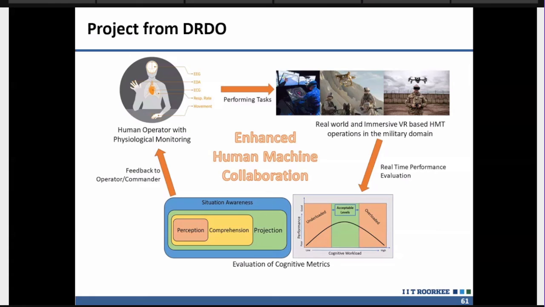We wanted to analyze the cognitive state of the soldiers.